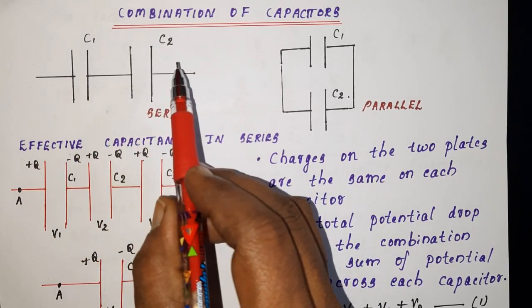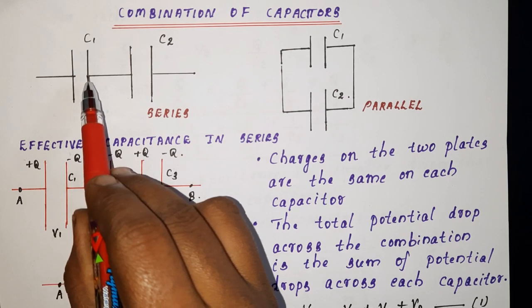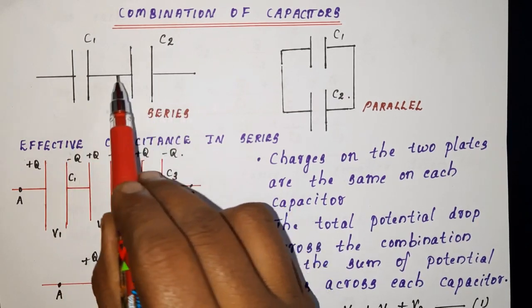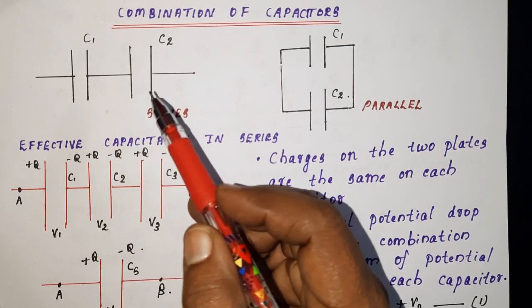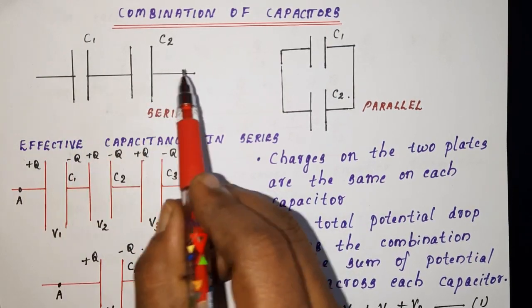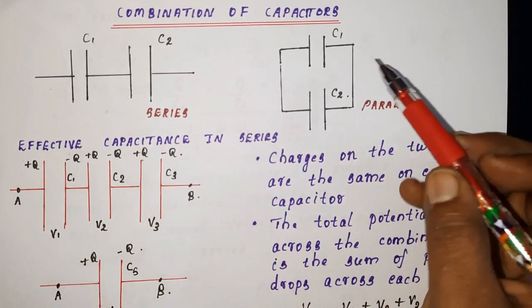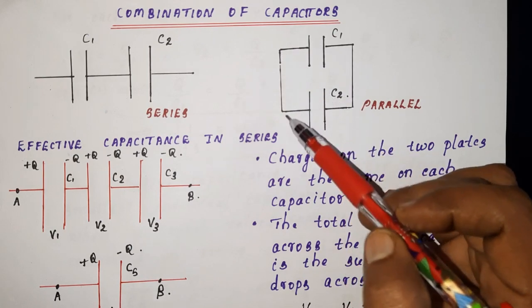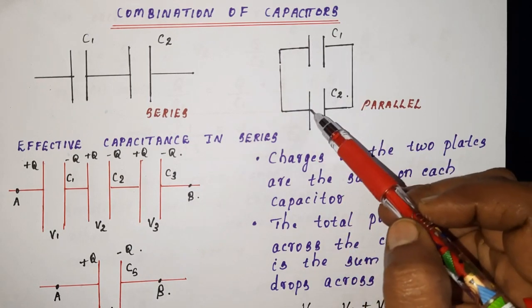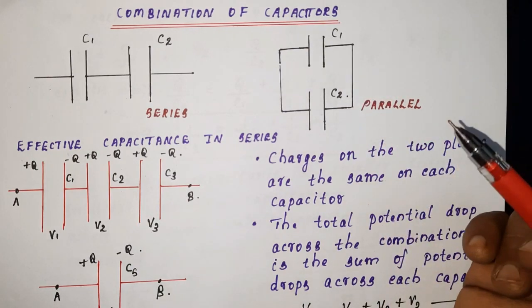In series combination, if you look in the diagram, one end of the first capacitor is connected to one plate of the second capacitor, but the other two plates are not connected. Look in parallel, each end, that means one end connected together, the second plate also connected together.